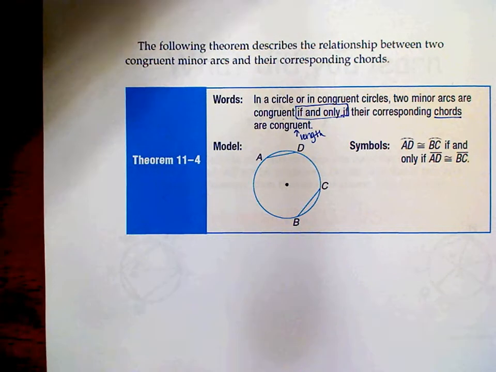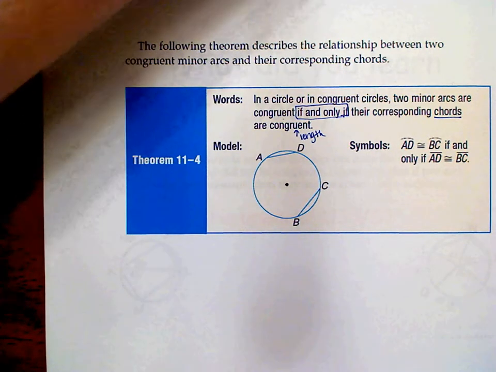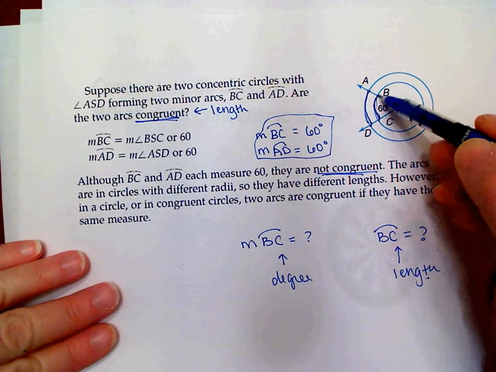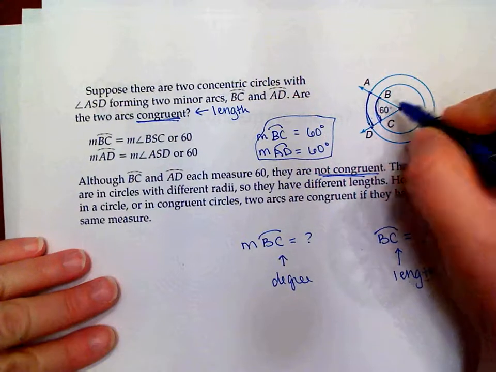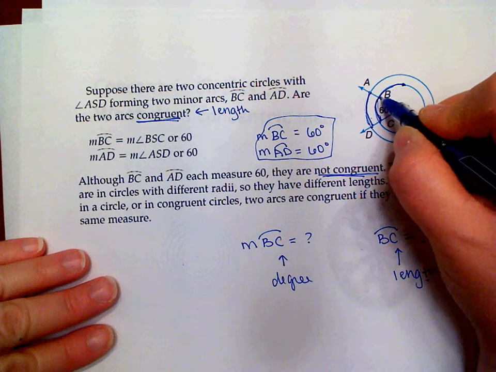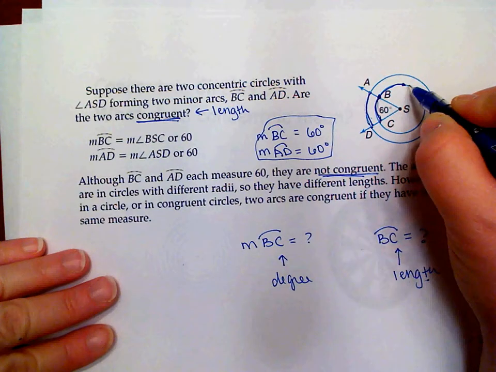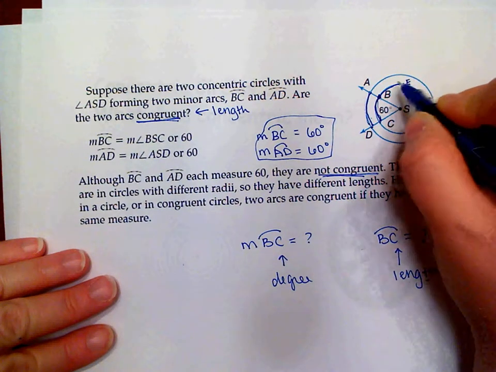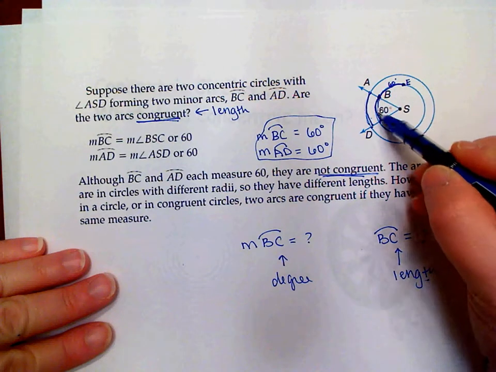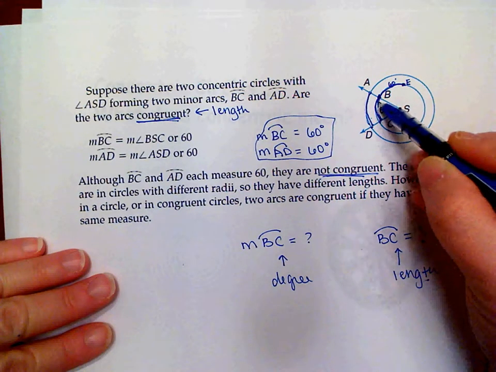If you have two arcs that are the same degree measure in the same circle, so let's say this arc from B to, I'll call this E, if this was also 60 degrees, since these are 60-degree arcs of the same circle, they would have to be the same length. So they would have to be congruent as well.